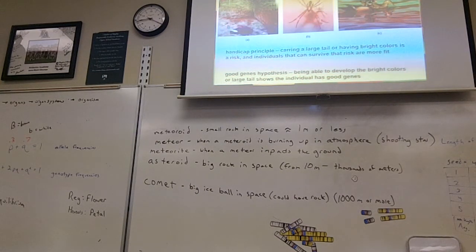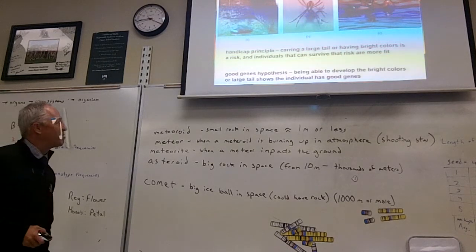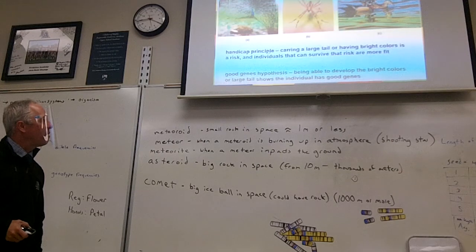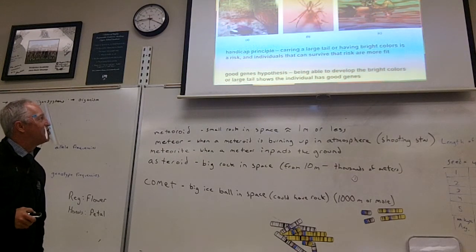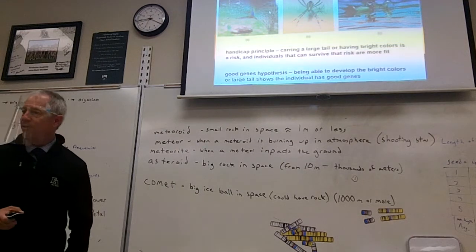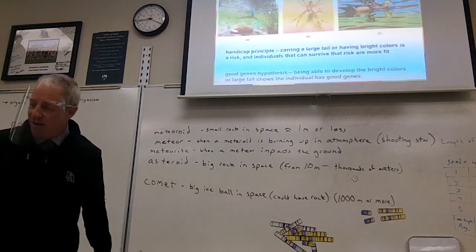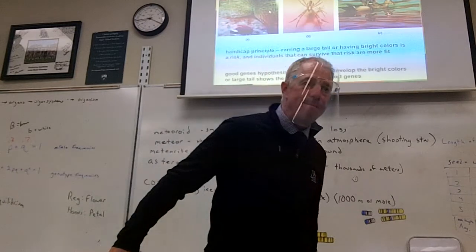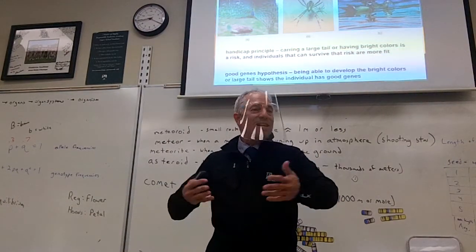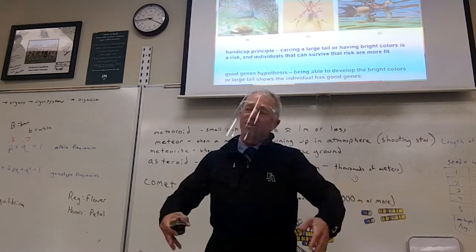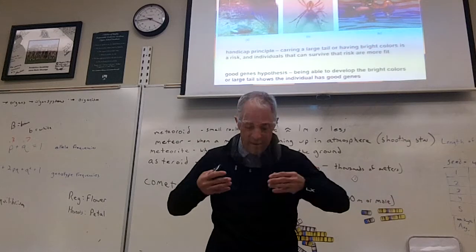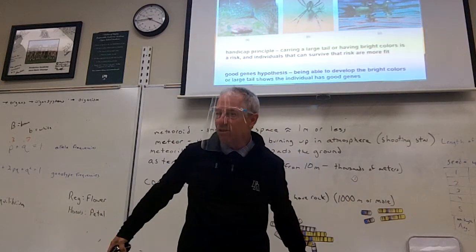there's two kind of ideas here that are similar. The handicap principle is the idea that carrying all these giant tail feathers is kind of a handicap for you. If you got to drag around these giant tail feathers all day, and you're still alive, you must have good genes. You must not get sick much. You must be able to find food pretty well to eat, to grow all these big feathers.